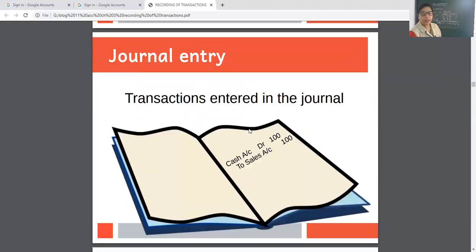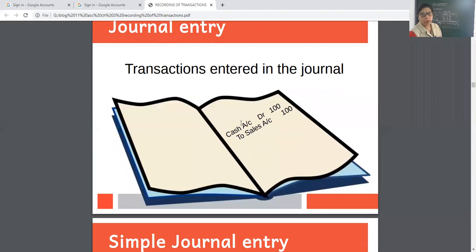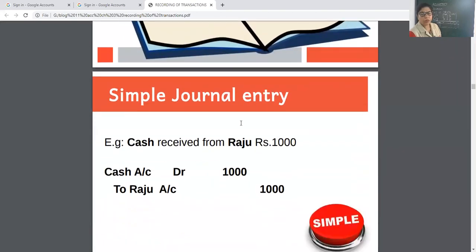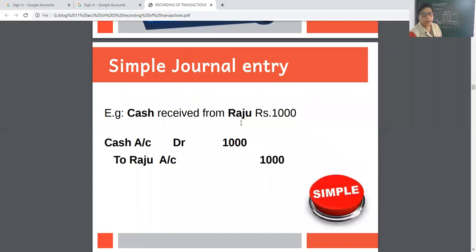Transactions entered in the journal are called journal entries. One by one, I will explain how to do it.